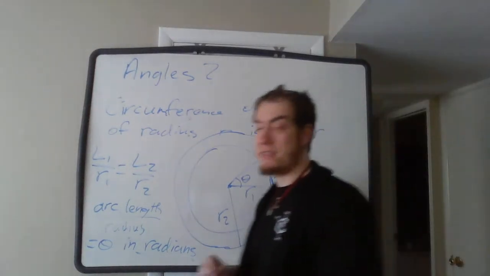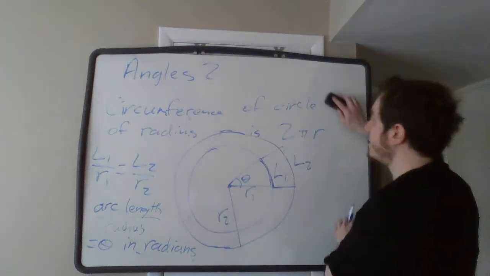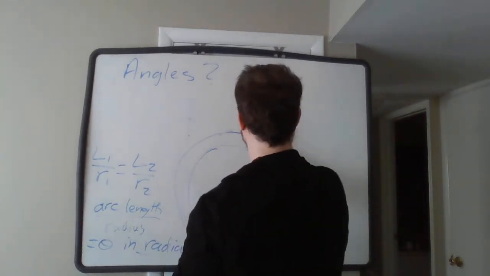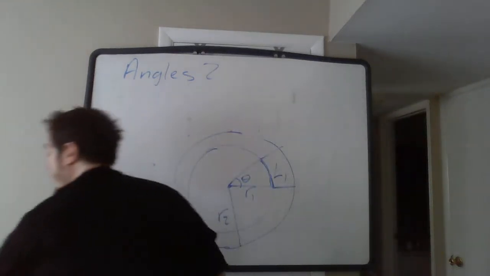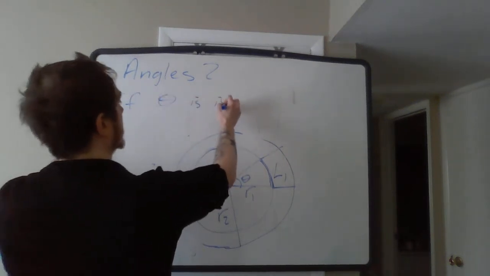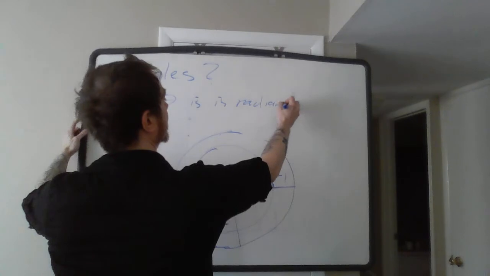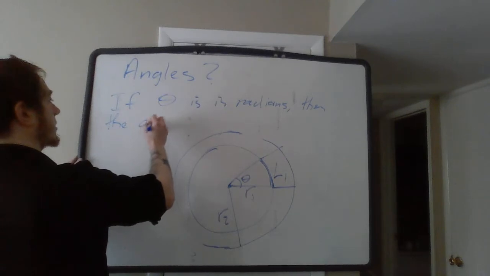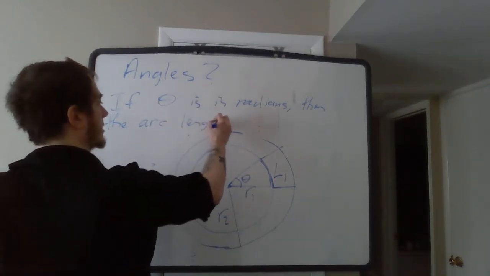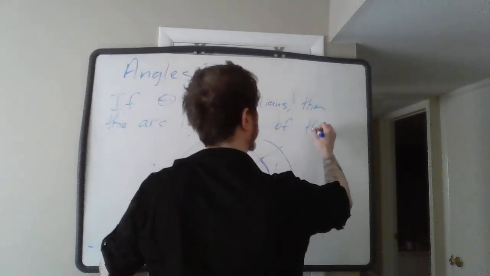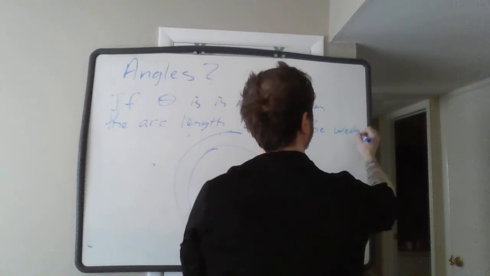Now, one of the reasons why this is so convenient mathematically is because of the following fact. As soon as I get this erased, I can write down this fact. So, if theta is in radians, then the arc length, say L1 here, has a very nice formula here.